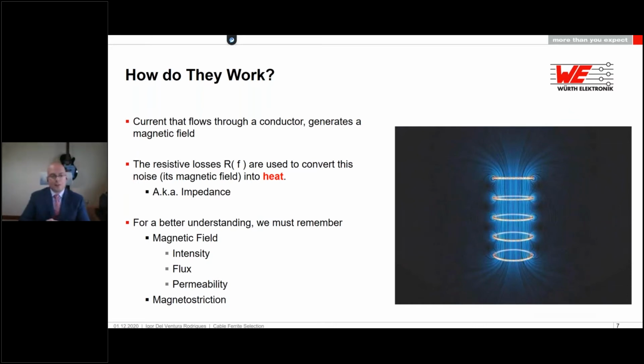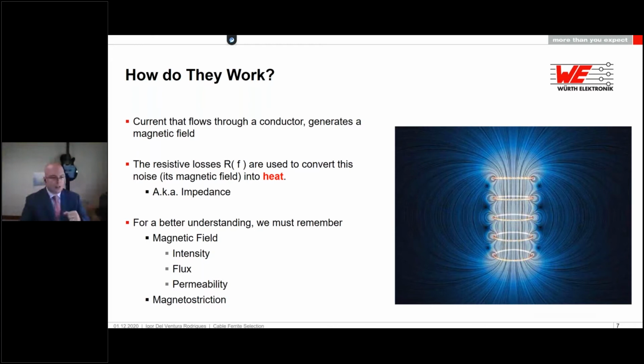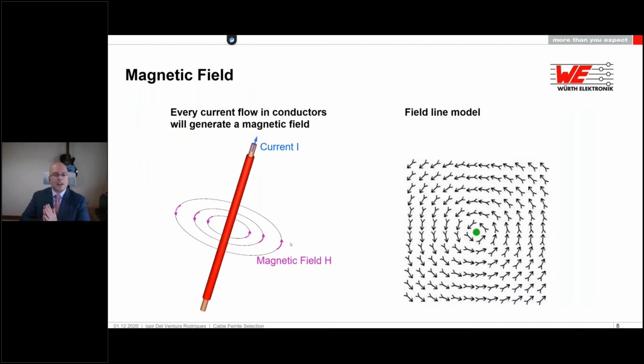So whenever you have your current flowing through the conductor, it will generate a magnetic field. And we commonly refer to this with the right-hand rule, where your thumb is the current and your fingers are the magnetic field lines.